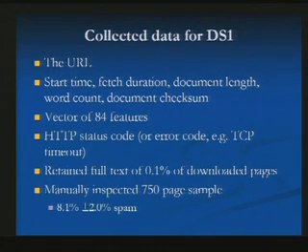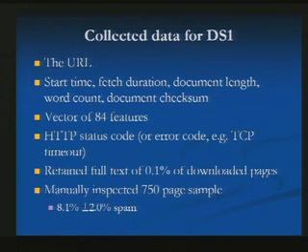For the DS1 crawl, we retained the following information: the URL, the start time of the download, the fetch duration, the length of the document in bytes, the number of non-markup words contained in the document, and an entire document checksum, as well as a vector of 84 features which identified the text of the document, any HTTP status code or error condition that existed, and we retained the full text of 0.1% of the pages that we downloaded for future analysis.